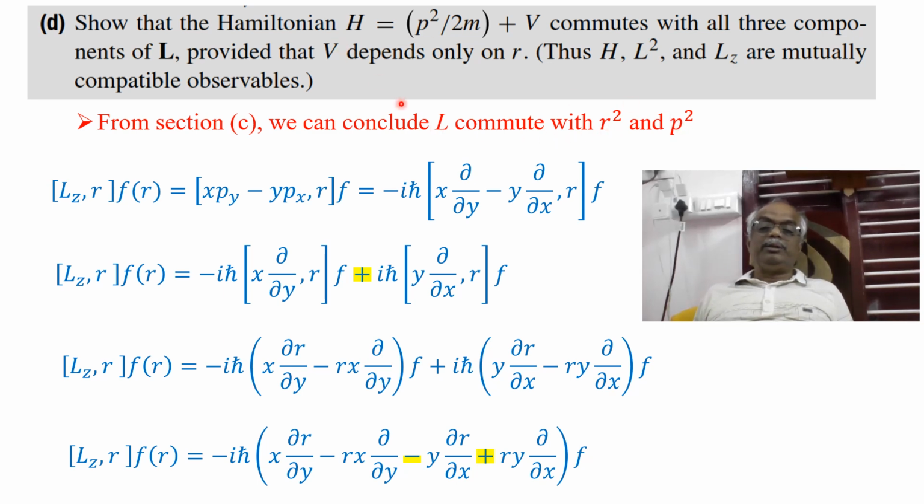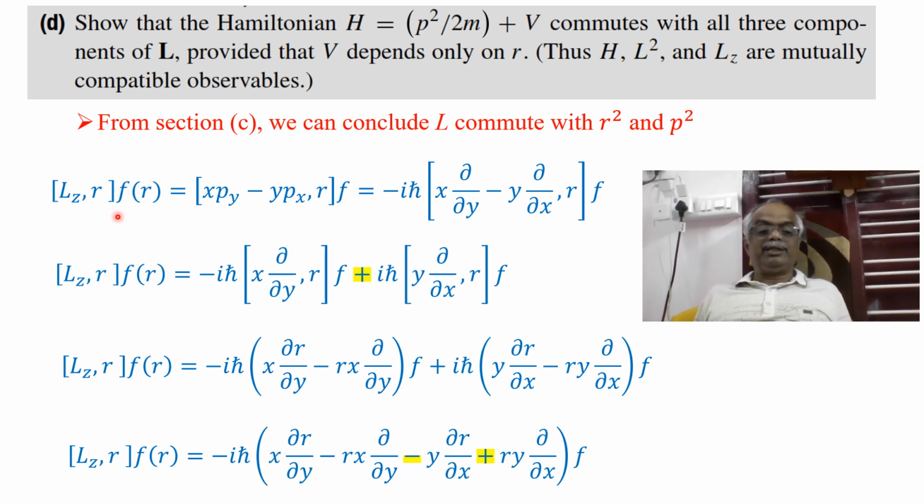Now the question is whether L will commute with the Hamiltonian. Naturally, the first term of the Hamiltonian is p squared, ignoring the constant term. So L will commute with p squared. The only thing is we have to verify whether L will commute with V. First, for that, you take Lz, the commutation of Lz with V(R), which acts on some arbitrary function.